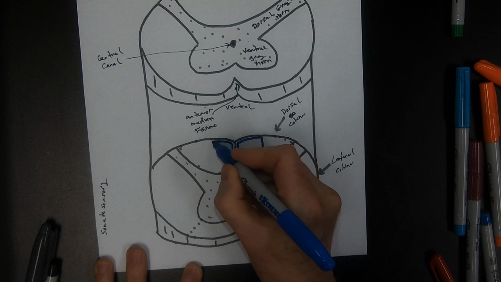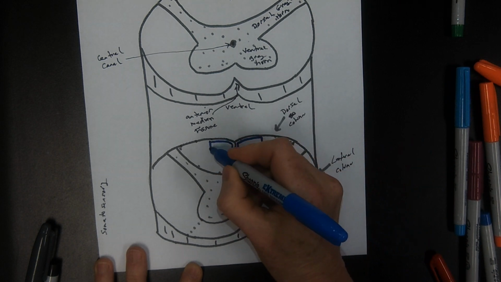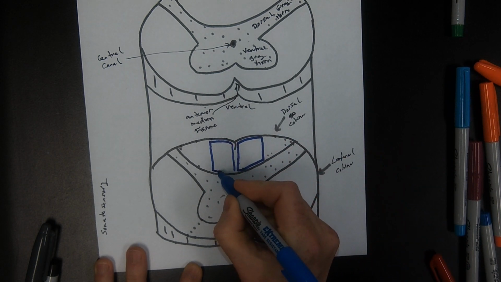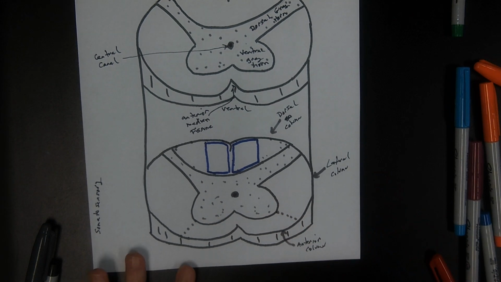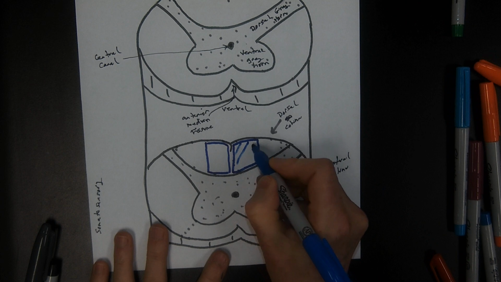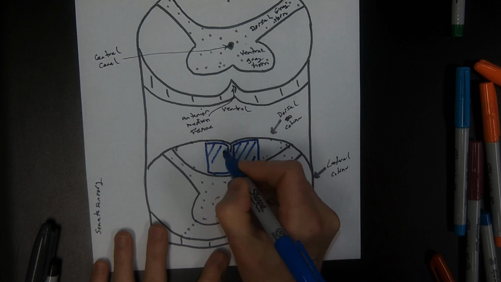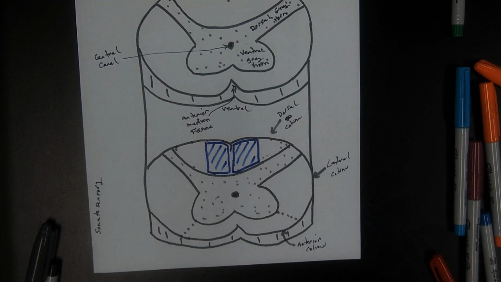All these blocks are nothing more than bundles of myelinated axons, all carrying the same information, just one on the right side and one on the left side.